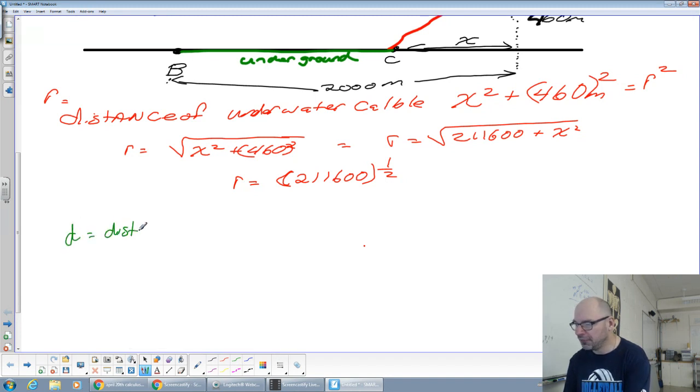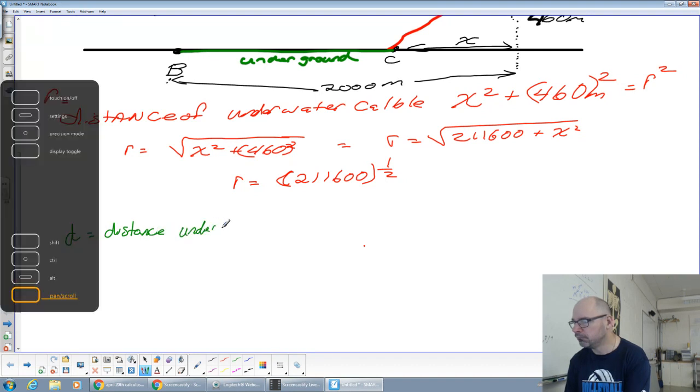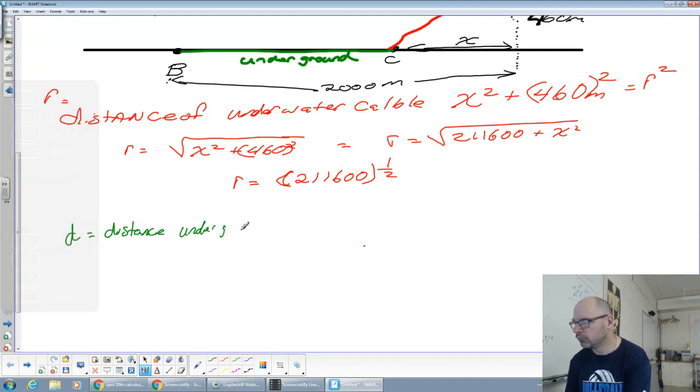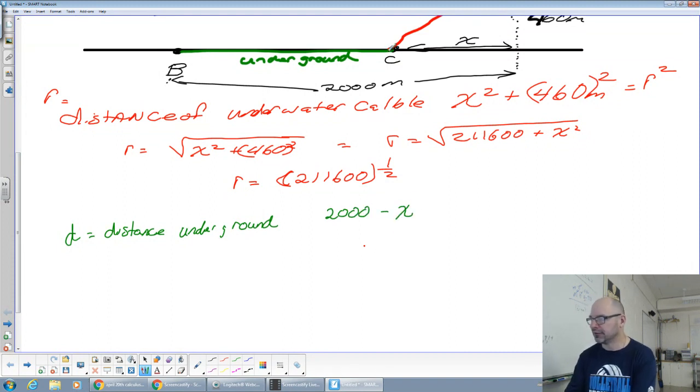Distance underground equals 2,000 minus x, because it's just going to go from C to B. It's going to be 2,000 minus whatever that x is. So that's easy. We don't have to do any square rooting or anything. Now we have to do the cost.